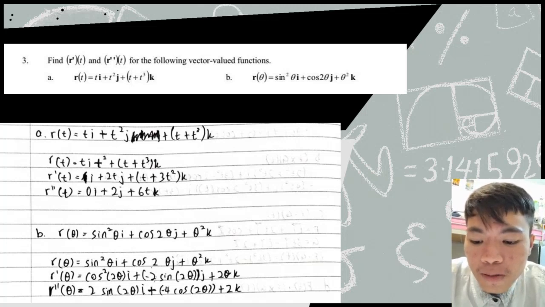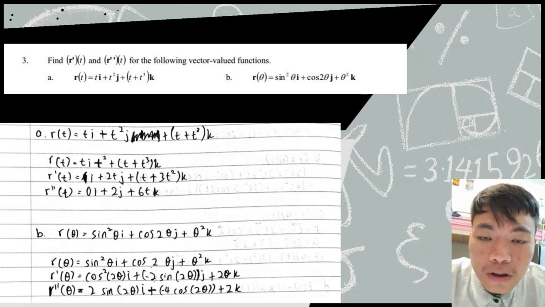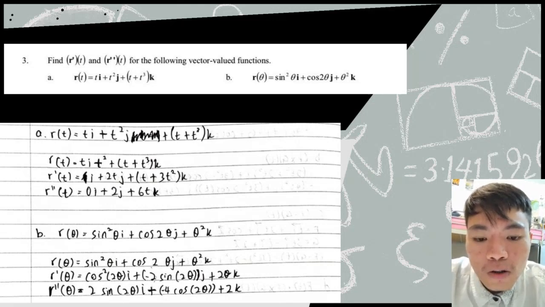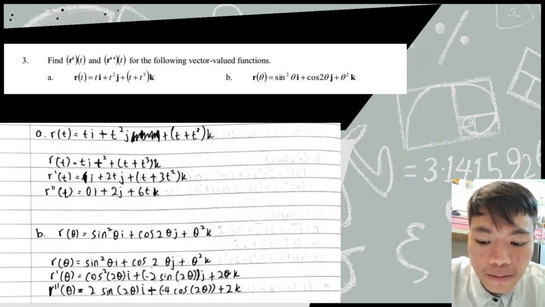Next, for question B, r(theta) equals sin squared theta i plus cos 2 theta j plus theta squared k.